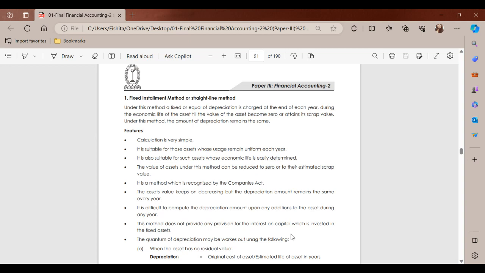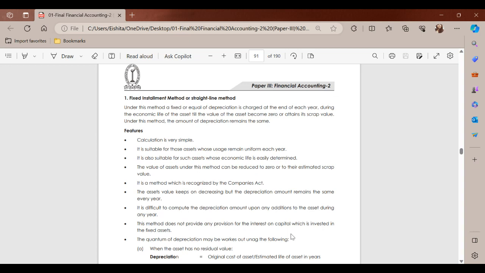It is a method which is recognized by the Companies Act, but income tax is not adopting this. SLM is not adopted in the Income Tax Act. The Income Tax Act is following the WDV method. Income tax is not following the straight line method. The asset value keeps on decreasing, but the depreciation amount remains the same each year.